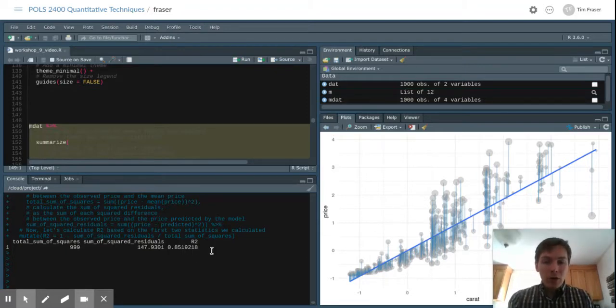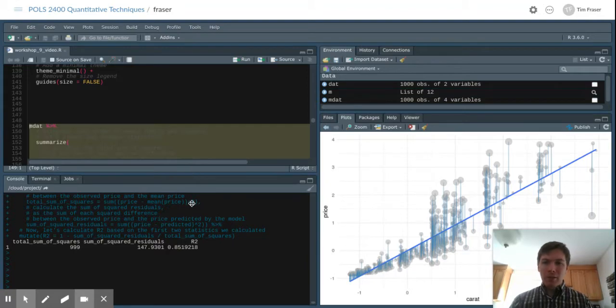The value of R squared is 0.85. This means that 85% of the variation in price was explained by our model, which is really astonishingly high for R squared, right? That is a really good model, explaining 85% of the variation.